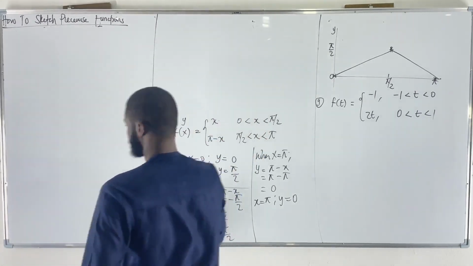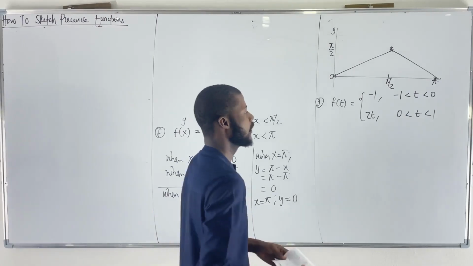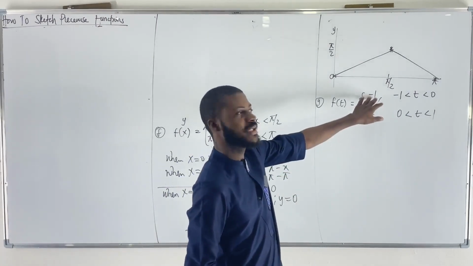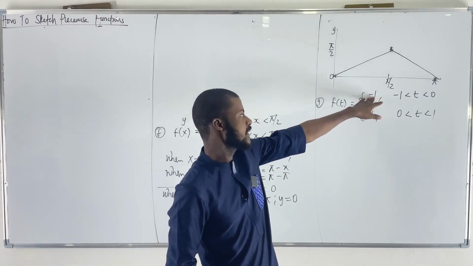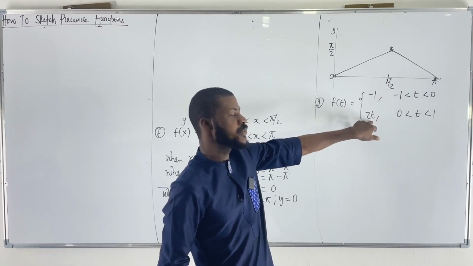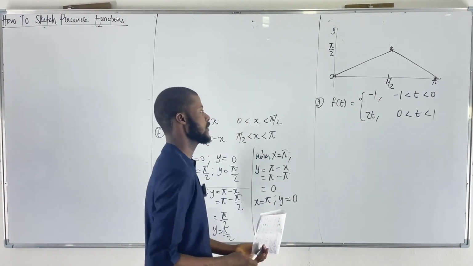Okay. Now, sketching minus 1, that's not a problem. It's just a horizontal line. So let's leave that. Let's go to our 2t.